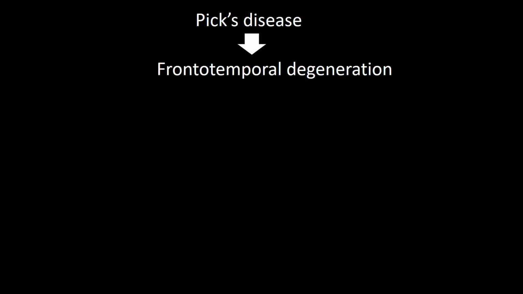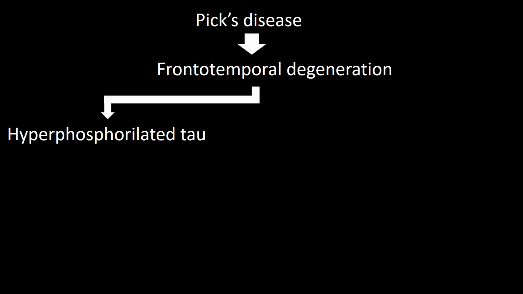The term Pick's disease is now often used to indicate frontotemporal degeneration, yet frontotemporal degeneration may occur in different pathological entities. One of these entities is associated with hyperphosphorylated tau, which is accompanied by Pick bodies.